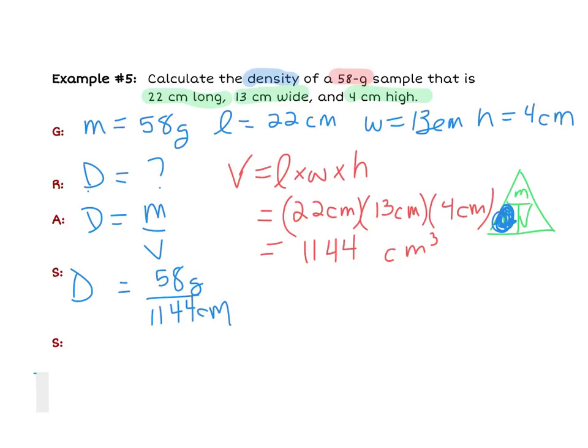Working that out over here, density is equal to 58 divided by 1,144. And I'm going to round that to the third decimal place. I'm getting 0.0506 and so on. I'm going to write that as 0.051.